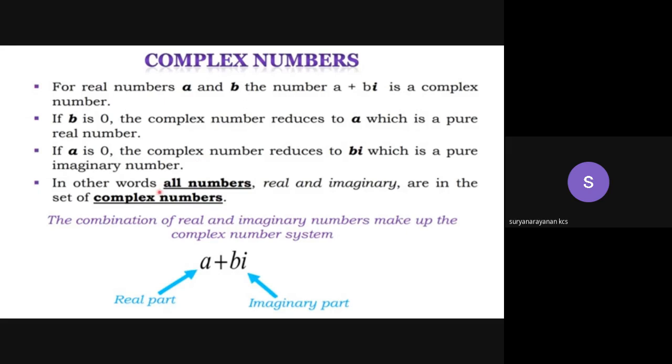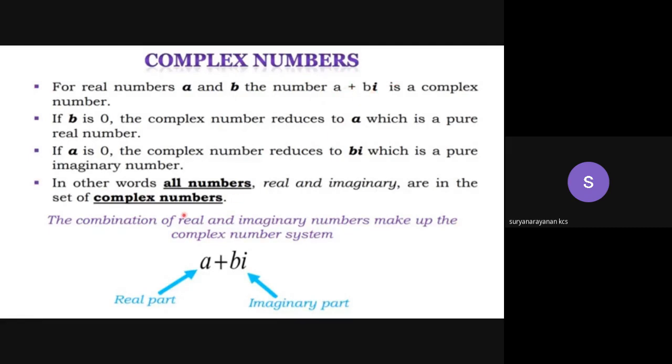Right. In other words, all numbers, real and imaginary, are in the set of complex numbers. Understood, my children? Every number is included in the complex numbers, real and imaginary. A complex number is represented in this form: a plus ib.